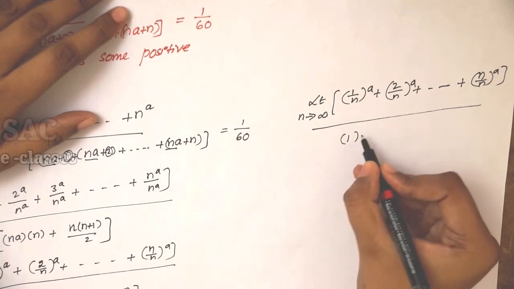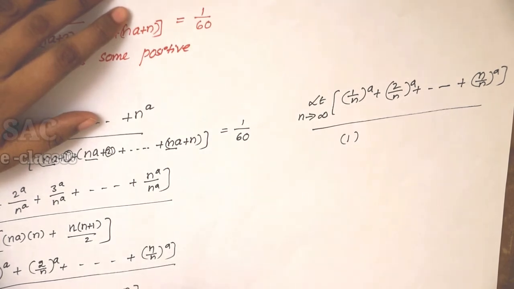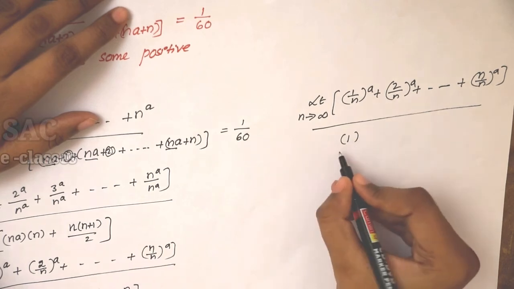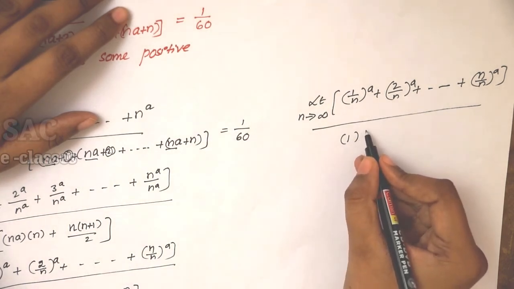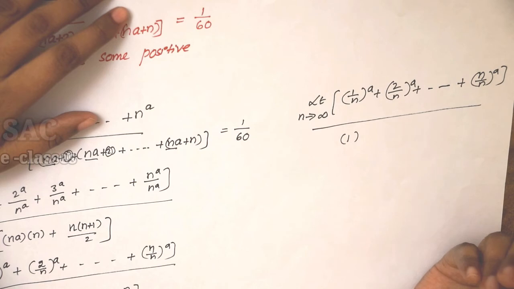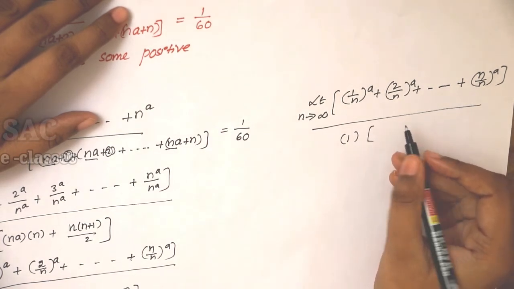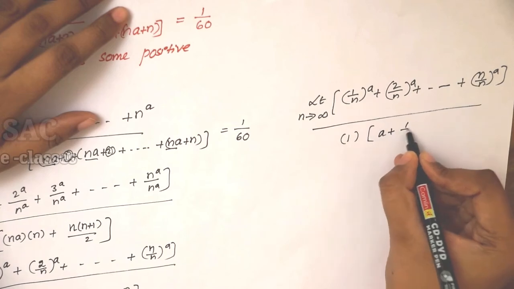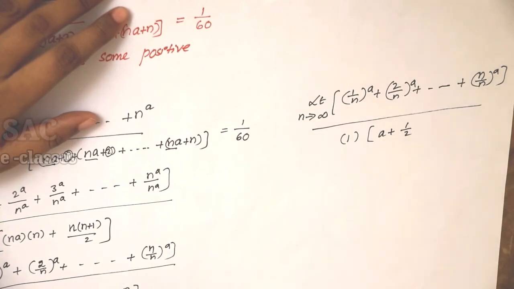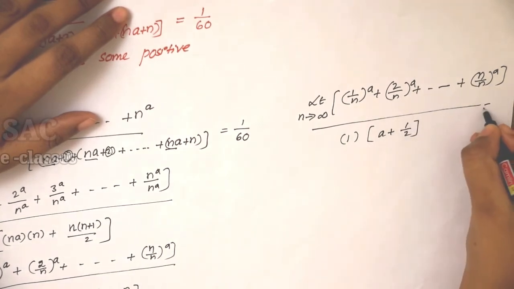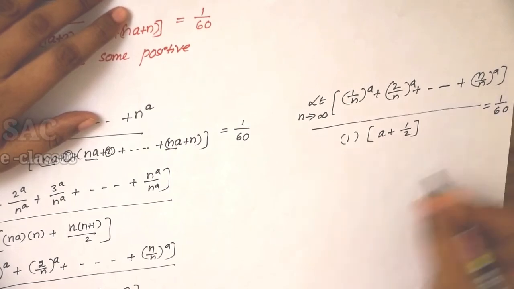When n tends to infinity, 1 by n tends to 0. So 1 plus 0 whole power a minus 1 is nothing but 1, because a is some positive real value. A plus 1 by 2, 1 by 2n value also will become 0, which is equal to 1 by 60.